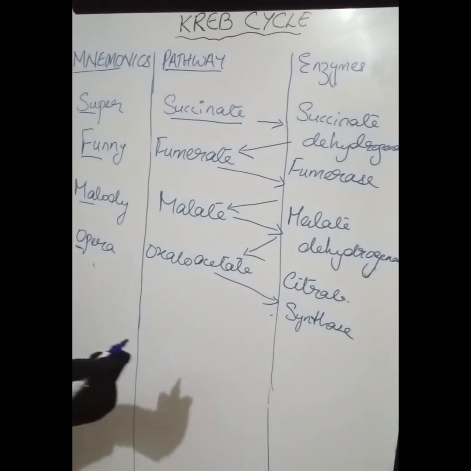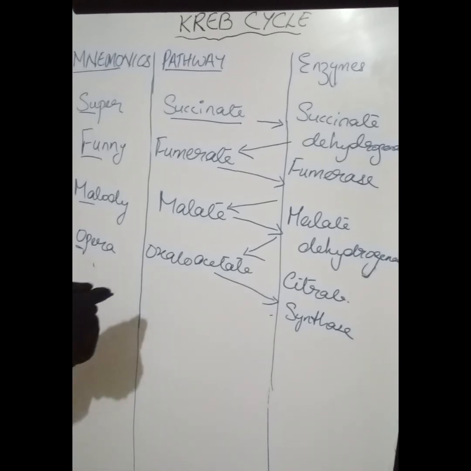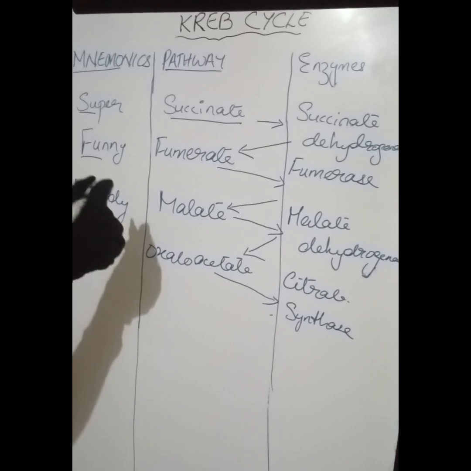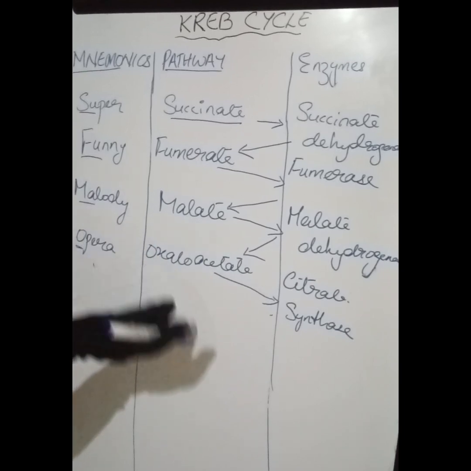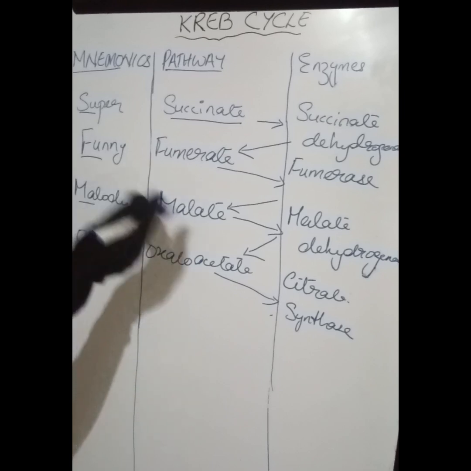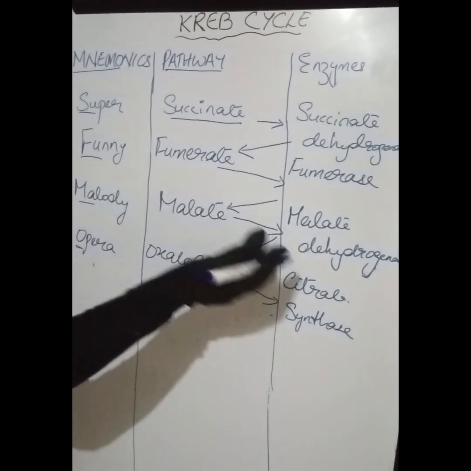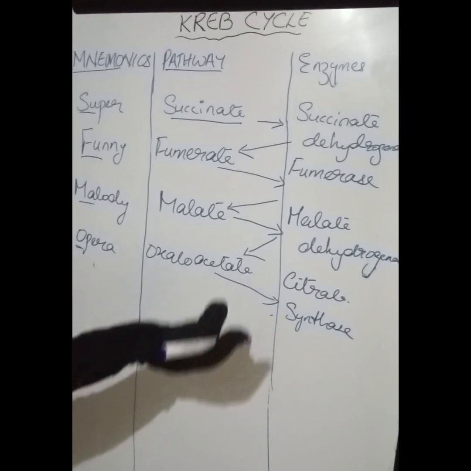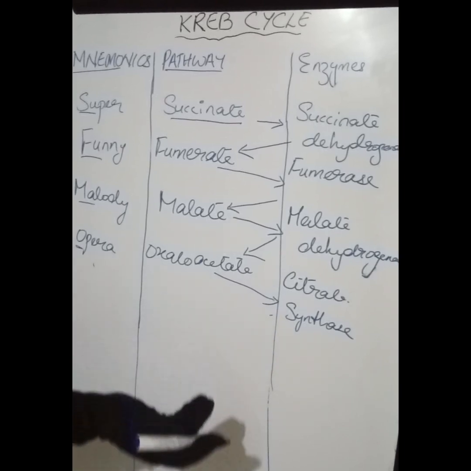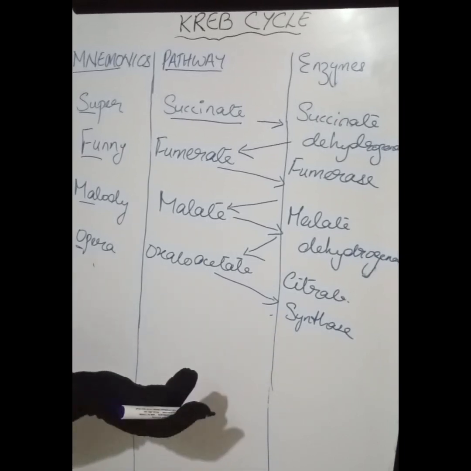So I hope you remember the mnemonics and are simultaneously able to crack the Krebs cycle. If you can remember your Krebs cycle, it's very easy to remember the corresponding enzyme required to produce the following products.